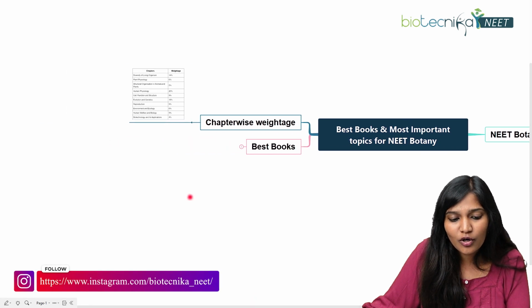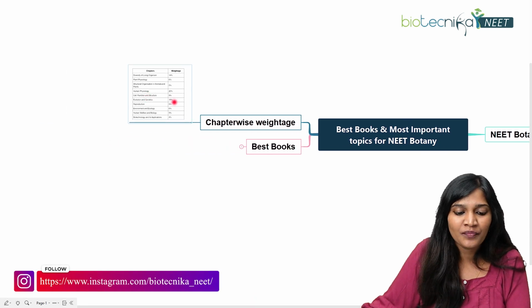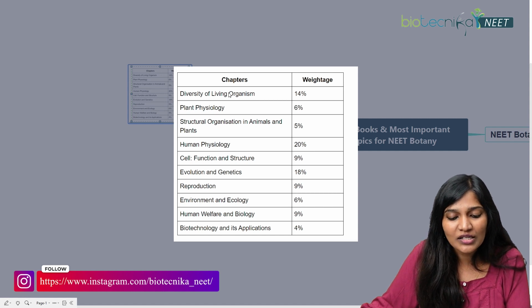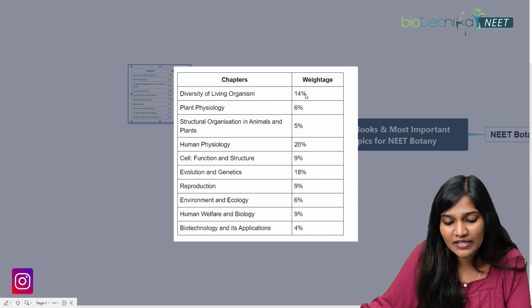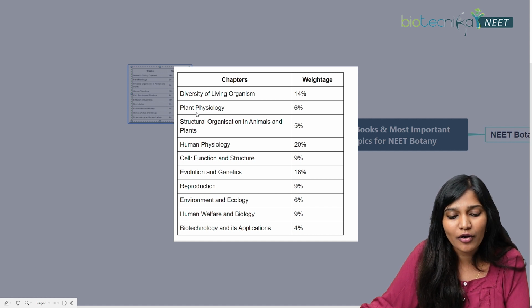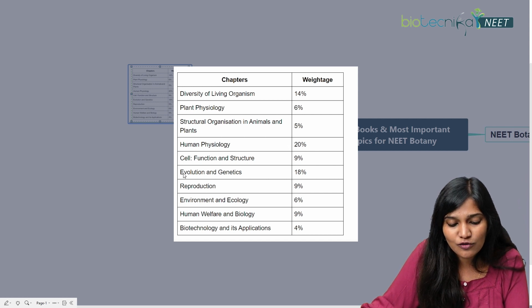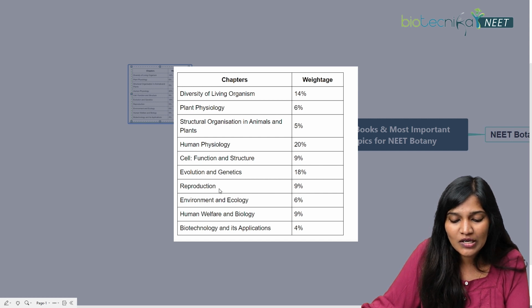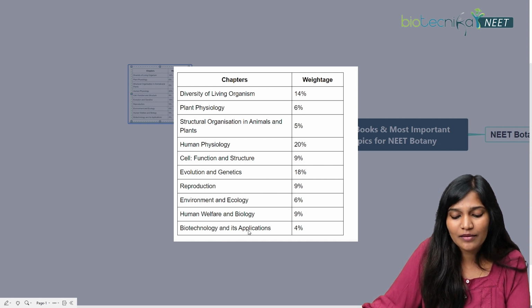If we have to talk about the chapter-wise weightages, you can see diversity of living organisms is going to be 14%, and this is for entire biology. Plant physiology 6%, structural organization 5%, human physiology, of course always the highest, is 20%, and evolution and genetics 18%, cell function 9%, reproduction 9%, human welfare and biology 9%, environmental and ecology 6%, and biotechnology.